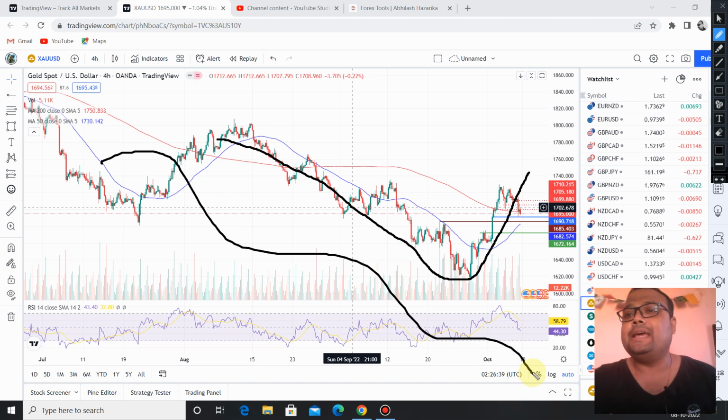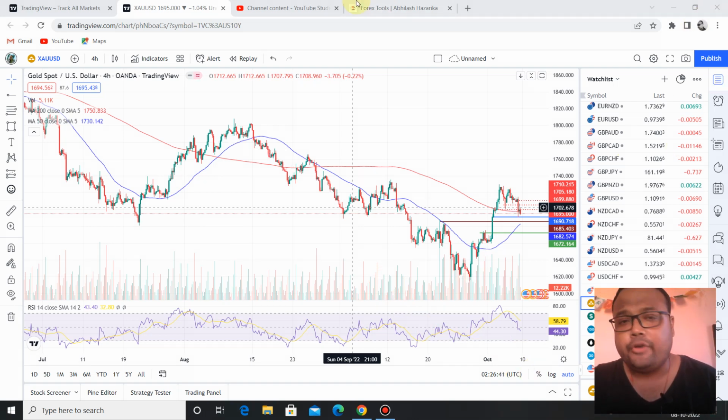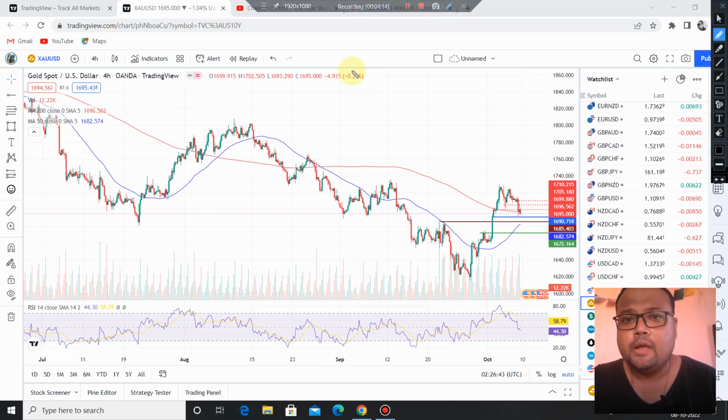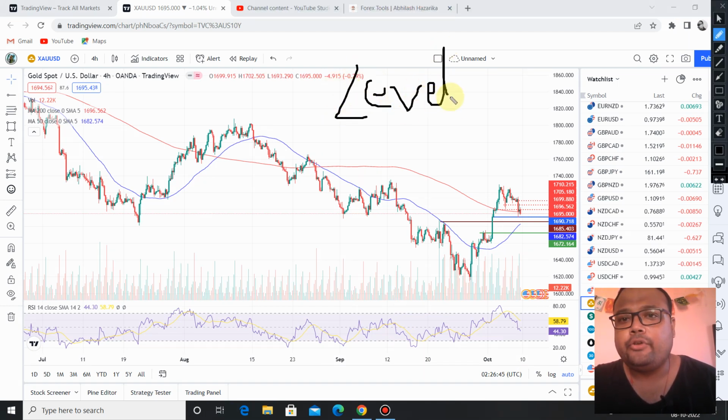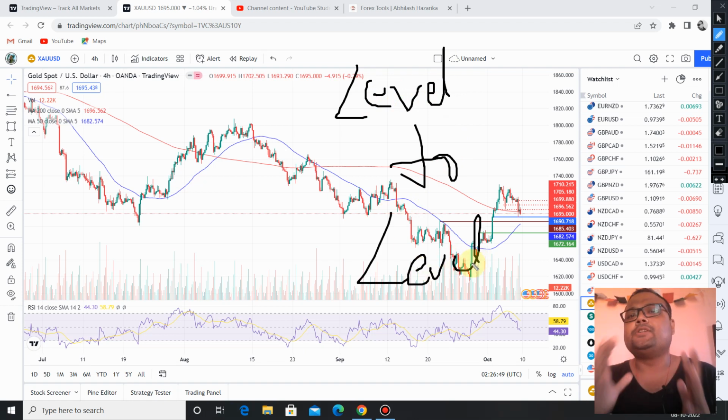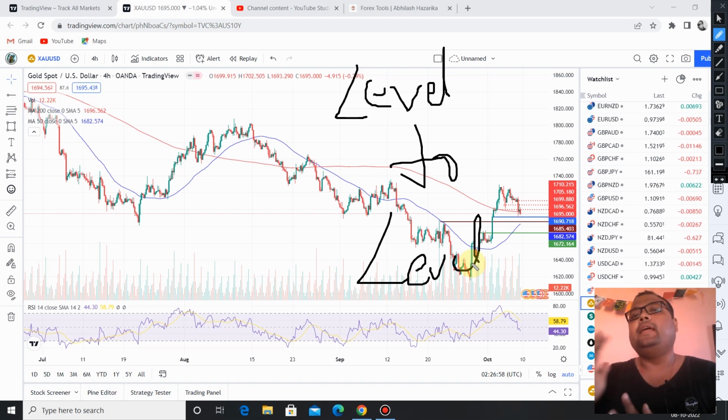We have no proper confirmation yet. So as a result, it's time to trade from level to level. My dear friends, try to trade from level to level only. This is not the right market to go for swing position or positional trades. If you have got sufficient capital, then you can think about taking a big position or a swing position.